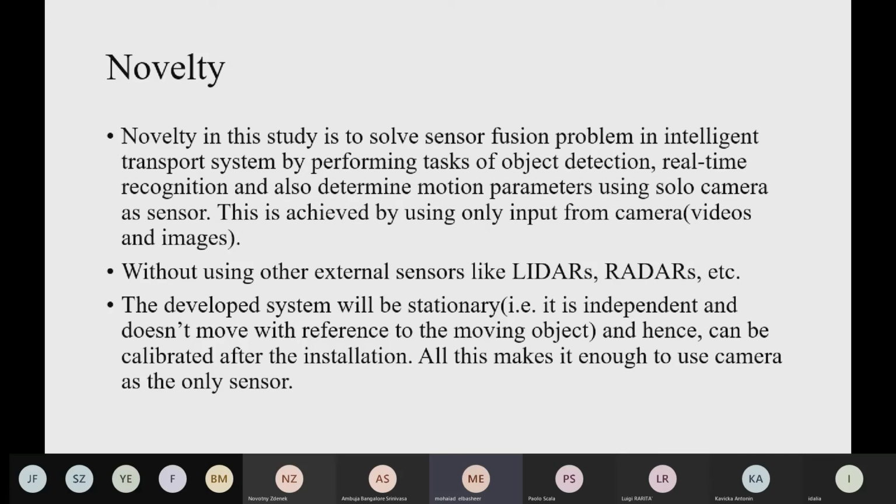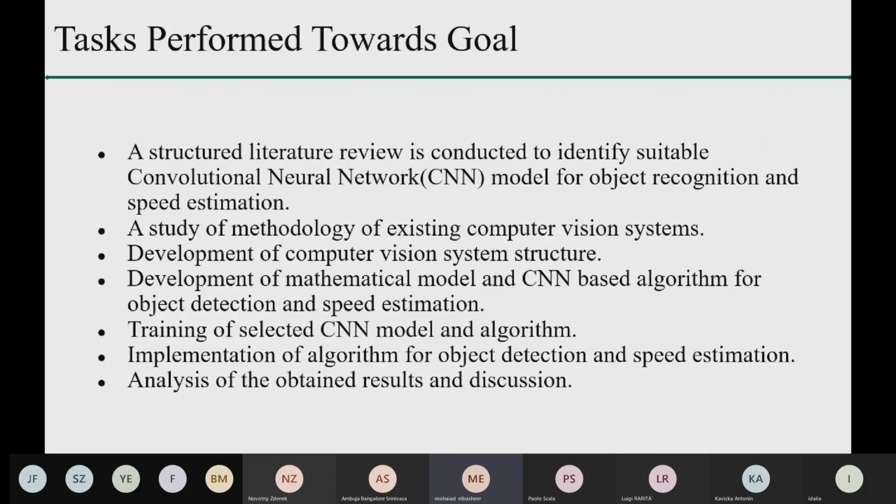The developed system will be stationary, that is, it will be independent and will not be moved with reference to the moving object. Hence, the calibration could be done even after the installation of this system. All these reasons make it enough to use a camera as the only sensor.